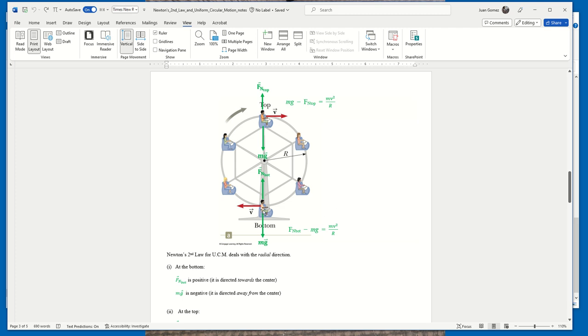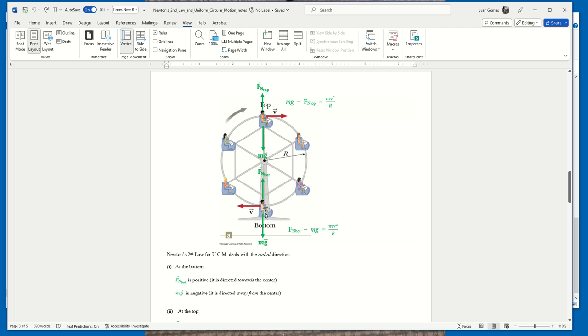Remember, there's mg, the weight of the rider. That's always in the negative y direction. Now, Fn bottom, that's the normal force of the chair pushing on the rider, and BOT means that's the normal force when the rider is at the bottom. Remember, the person is in contact with the surface, i.e. they're sitting in this chair.